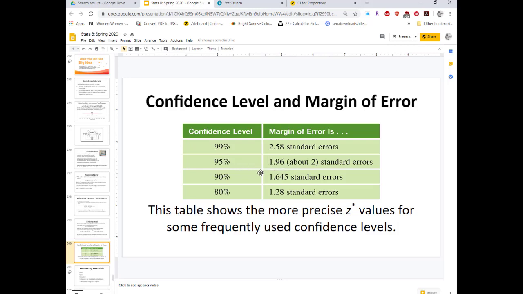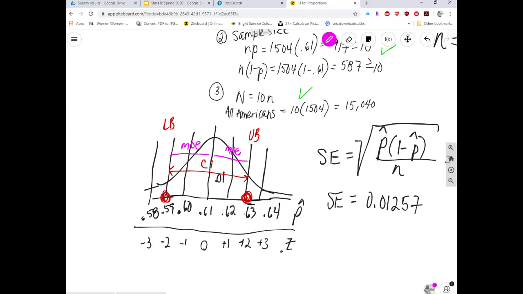They rounded; what it really is, is 1.96. They just round it to 2. So instead of this distance being 2, it's really 1.96. It's actually 1.96 in the positive direction and 1.96 in the negative direction.